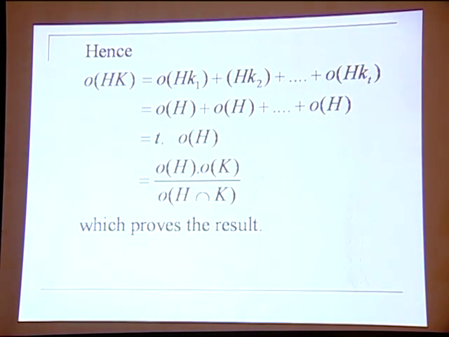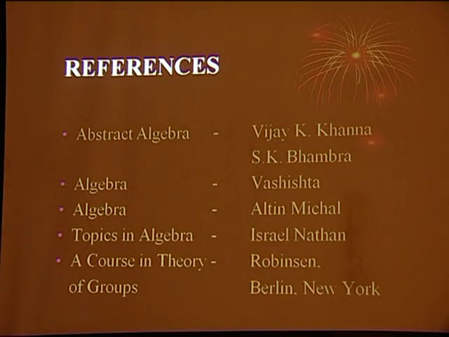Hence order of HK is the sum of all these elements, and substituting the value we got the result.